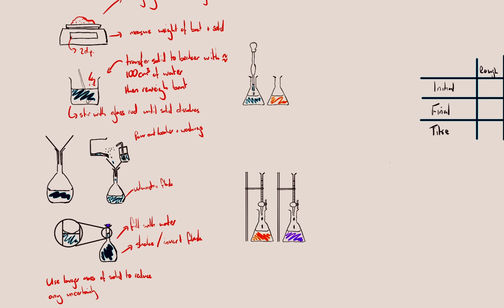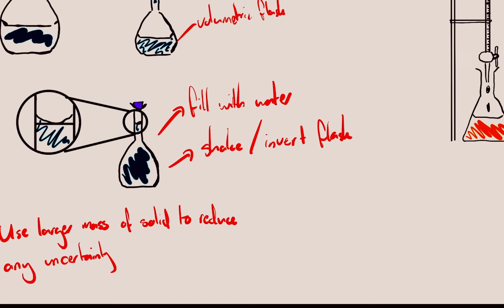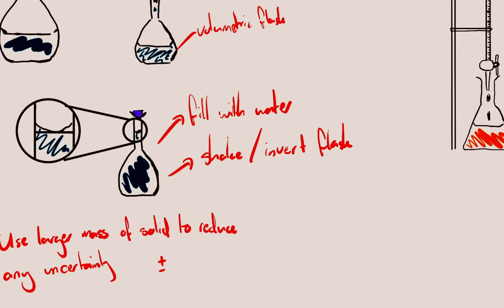Because if we've got a 2 decimal place balance as we do here, our uncertainty there is going to be plus or minus 0.005 centimetres cubed. Okay, so in that case, if we have a larger mass, that uncertainty impact is going to be reduced.